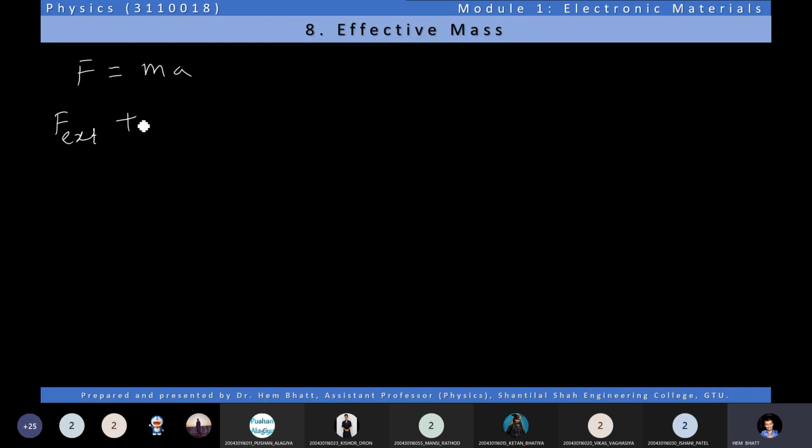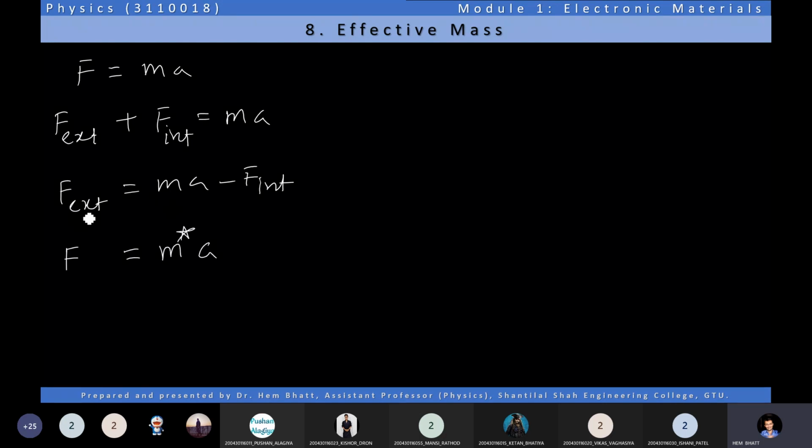You have to consider two forces, F external and F internal, right? And then you can write this like this. And now, instead of writing two terms every time, you say that I will consider the effective mass. This is not wrong, this is true, it's fine.